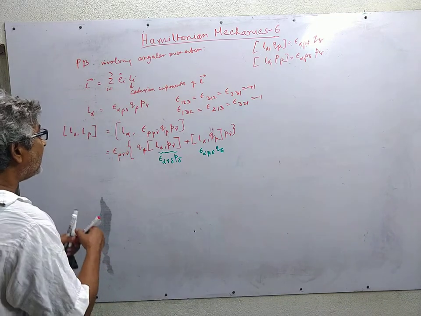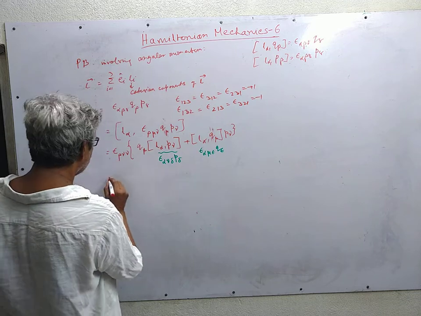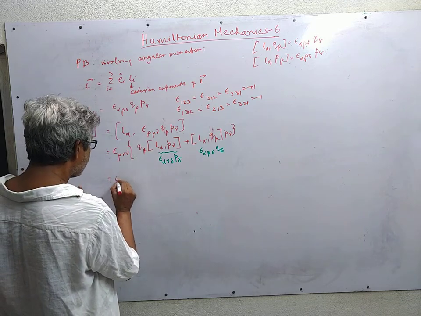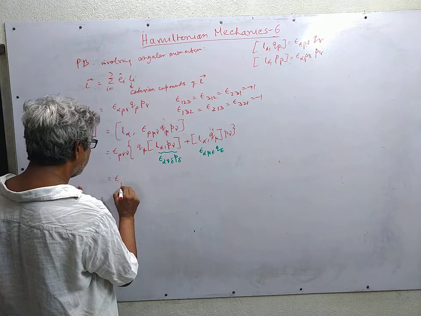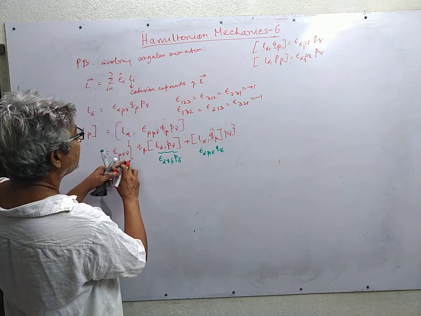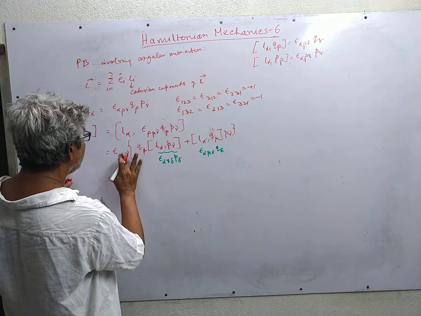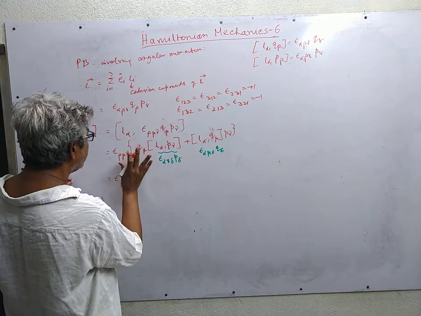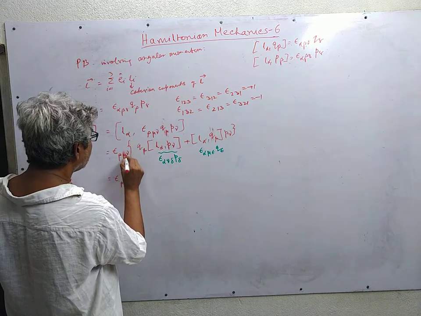So for the first term we have epsilon beta mu nu, this was wrong, it's mu. The second index was mu.